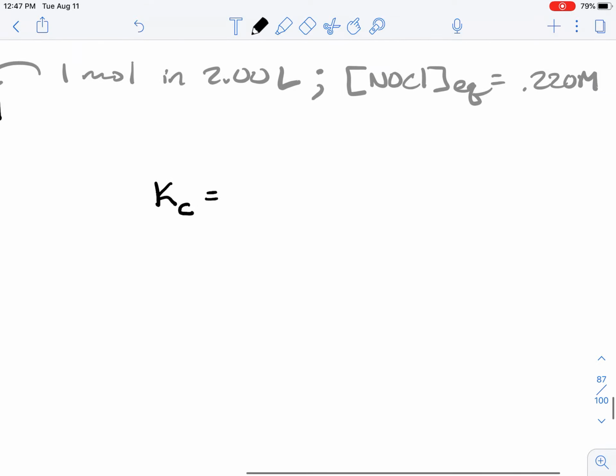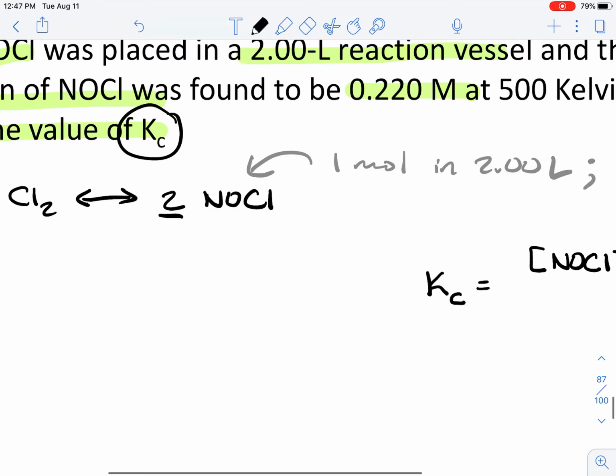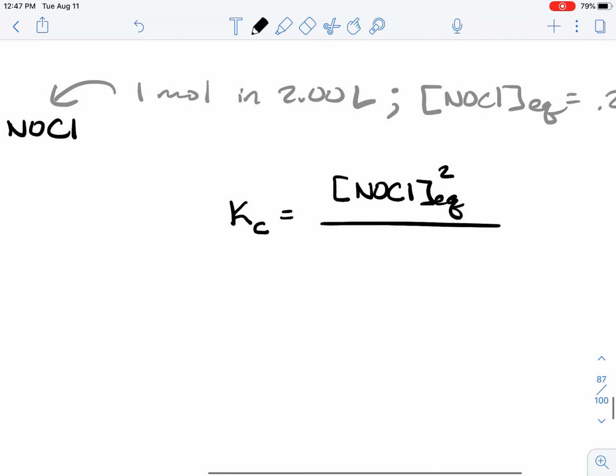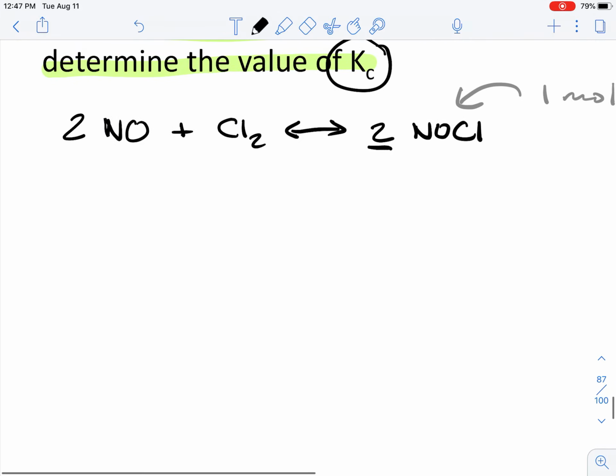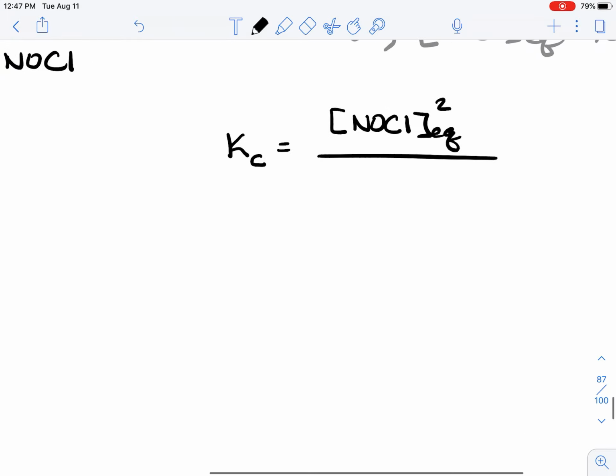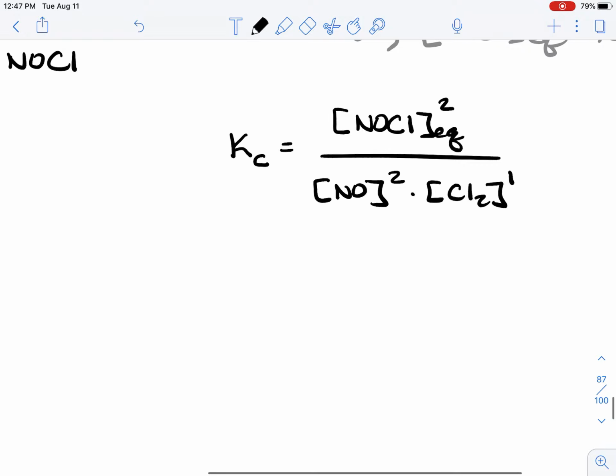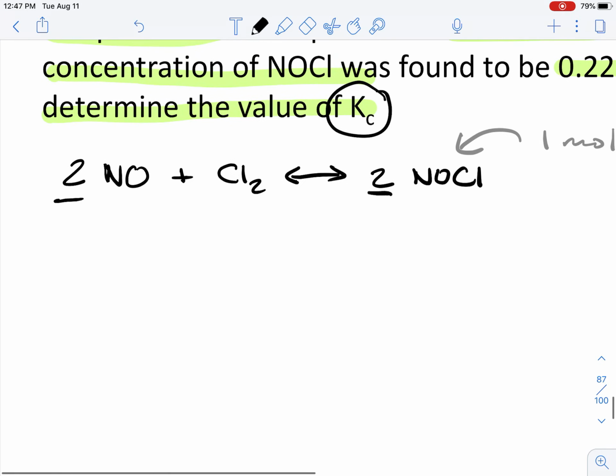So this is the concentration of NaCl at equilibrium raised to the second power, because we have a coefficient of 2, divided by the concentration of NO raised to the second power, times the concentration of Cl2 raised to the first power. So here we have 2, 1, and 2.